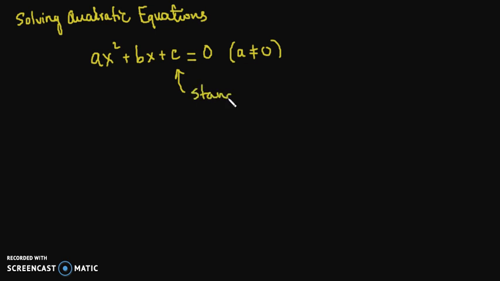A quadratic equation is an equation that can be written in the form ax squared plus bx plus c equals 0, where a is different from 0. This form is also called the standard form of a quadratic equation.